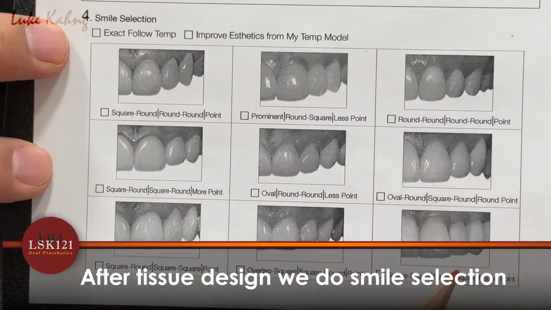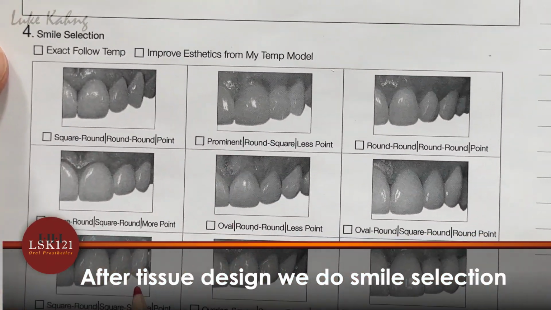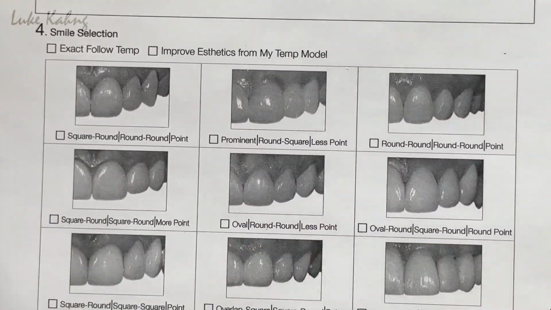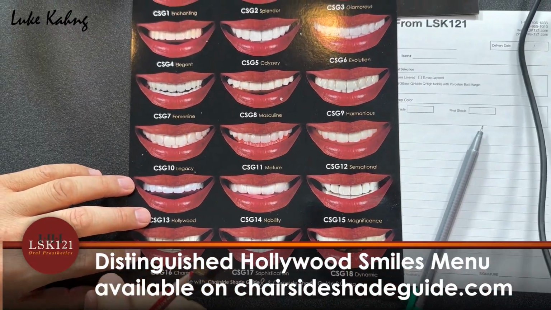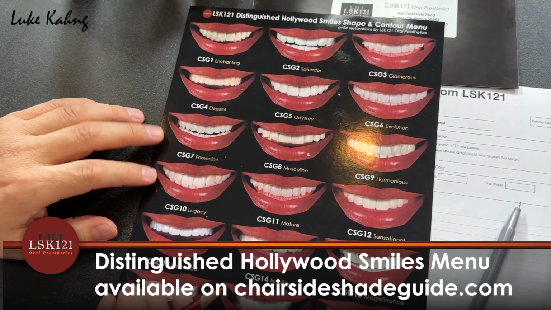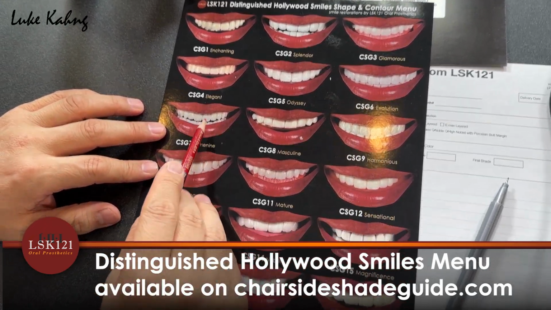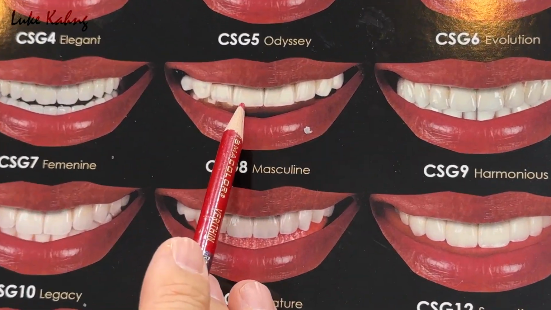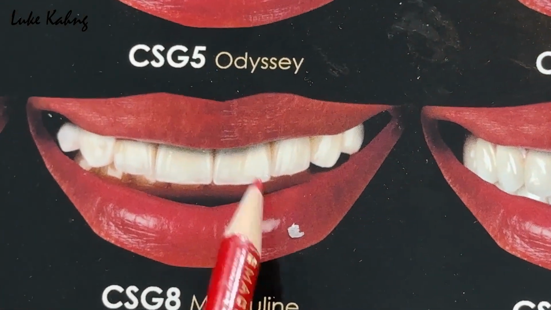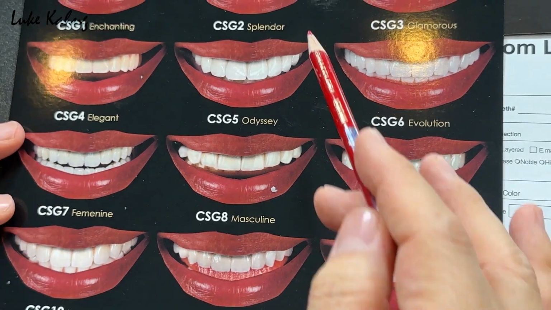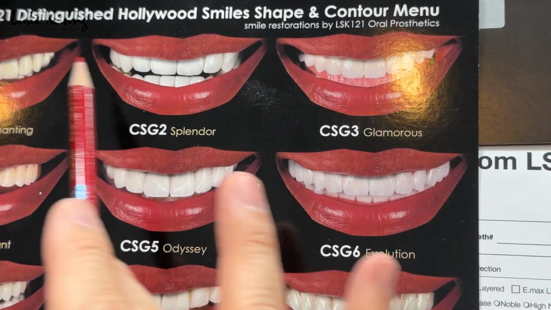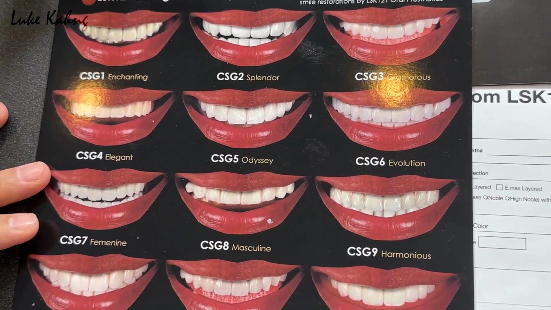It's pretty much simple. Square, square, rounded, round, rounded, they mark it. Recently I gave it to you guys, it's complementary. Okay, just use it or you're going to lose it. So all those things which are big, bigger, are the men's muscular types and splendid type, and then all these restorations we fabricated here.